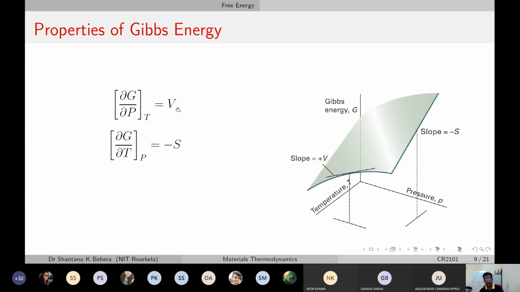Now, like V, what about entropy? Entropy is always positive. In a changing reaction, that could be different, because you're talking about S1 to S2.